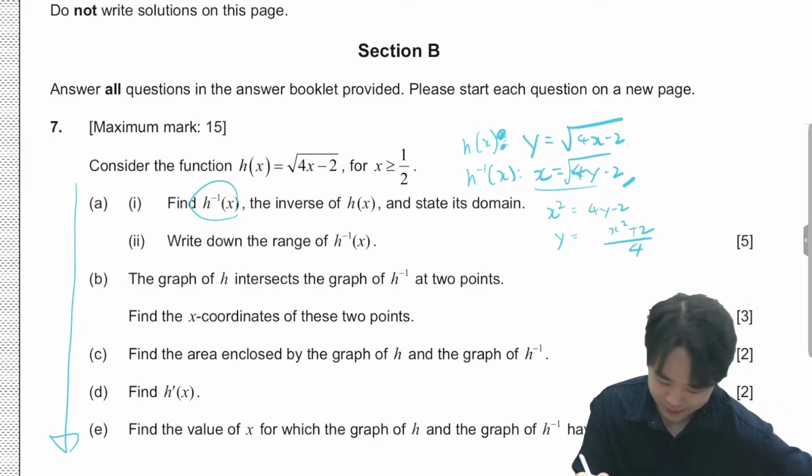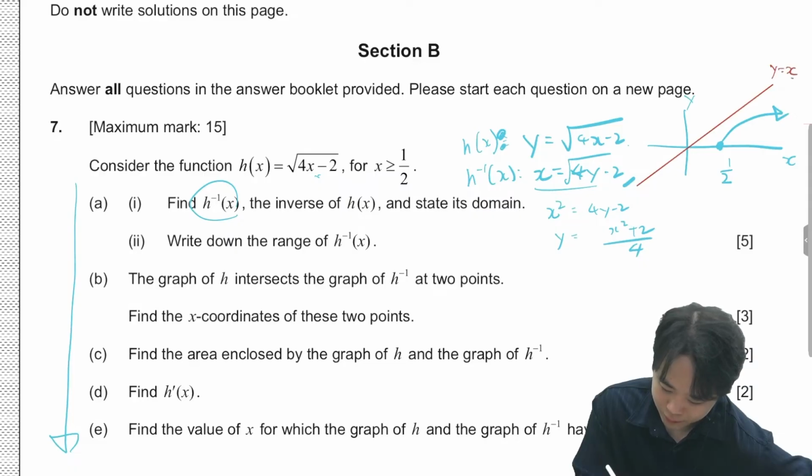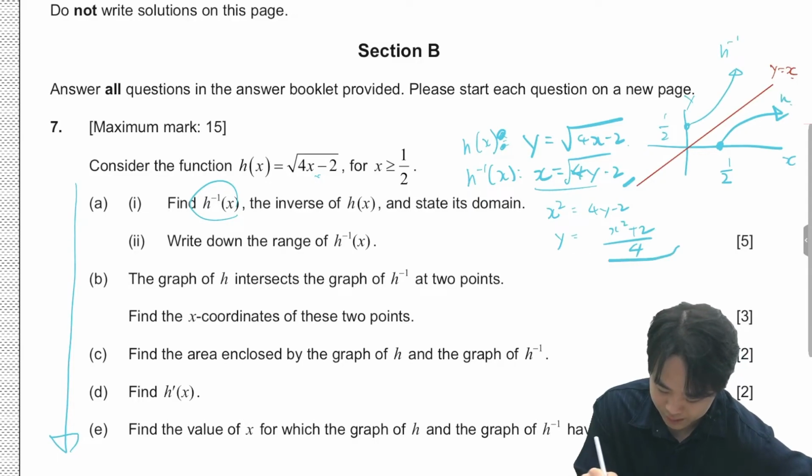But the thing here is we have to check where the domains are all working out. So when x is 1/2, y would just be 0. And we would get a graph that looks like that. Taking the inverse would mean we're flipping this over y equals x. So we would start from when x equals 0, y would be 1/2, and we would go something like that. That's h inverse, that's h.